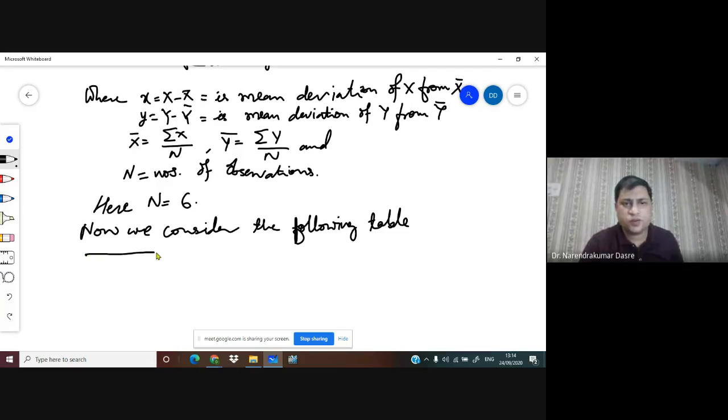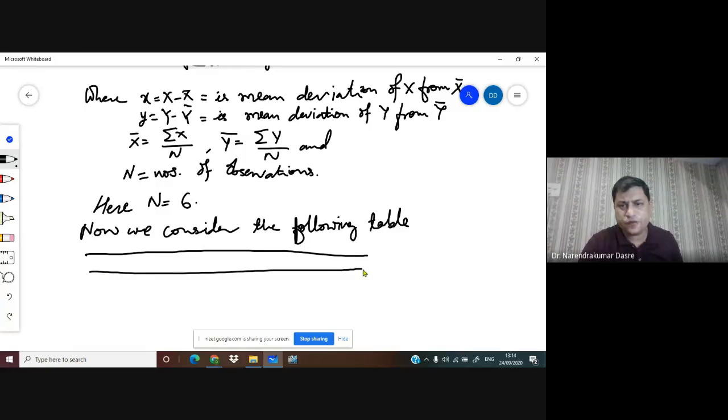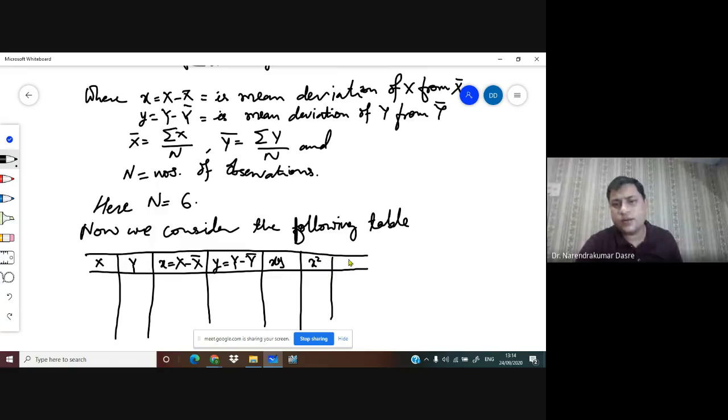So we have the table: capital X, capital Y, then we have small x, x minus x bar, then we have small y, y minus y bar, then we have x into y, we have x square, and we have y square.